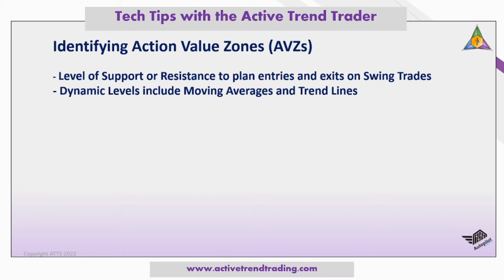Secondly, you can also have dynamic levels, which are basically the moving averages and trend lines. I call them dynamic because they move, and so the actual level is moving all through when the market is open. Trend lines are still dynamic because they're also sloping either up or down.